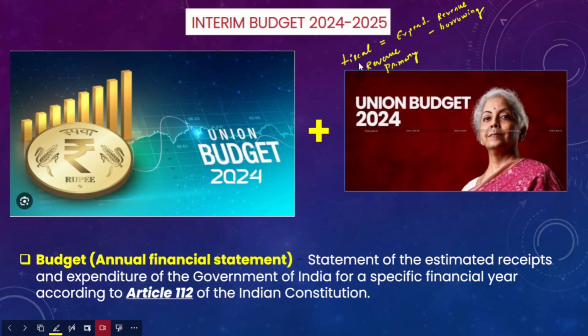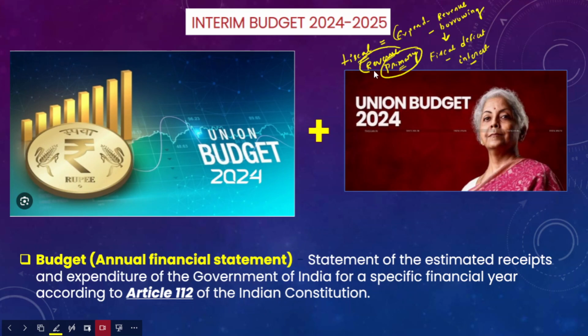Now fiscal deficit generally indicates what the government has to borrow to meet its welfare requirements or welfare needs. When we say primary deficit, it generally involves the fiscal deficit, and in this fiscal deficit we need to exclude the interest payments that were paid on the previous borrowing, and we can get the primary deficit.